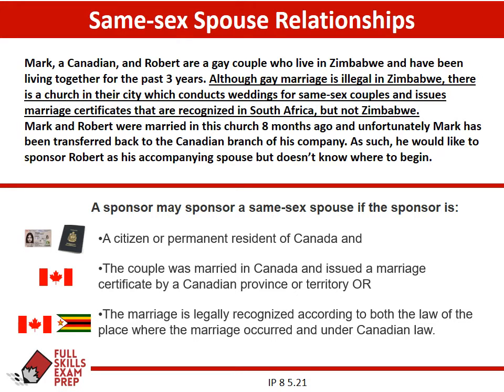So in terms of immigration, we need to think a little bit differently here. When we're looking at spouses, even though it's perfectly normal in Canada for a gay couple to get married, and of course it's legal, in Zimbabwe it's illegal. So in the eyes of immigration, Mark would not be able to sponsor Robert as a spouse.